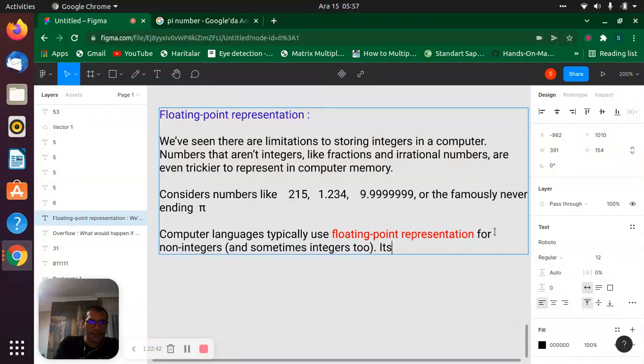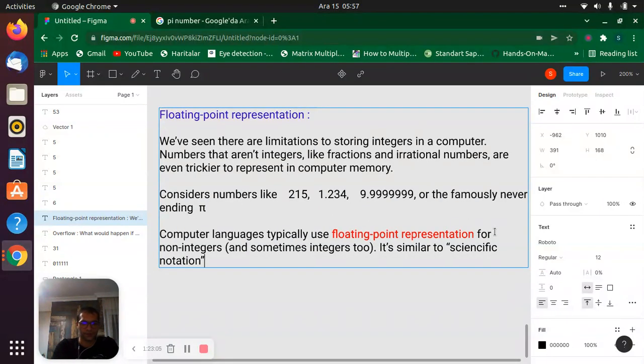It's similar to scientific notation representation.